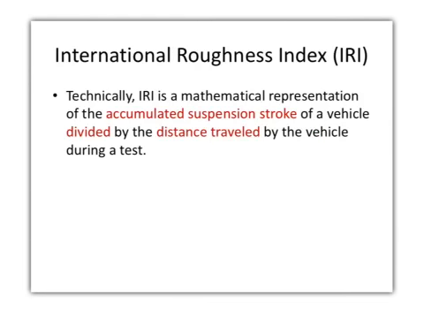So what is the International Roughness Index, or the IRI? Basically, the IRI is nothing but a mathematical representation of the accumulated suspension stroke of a certain vehicle, and then we divide that accumulated suspension by the distance traveled by the vehicle during a test.